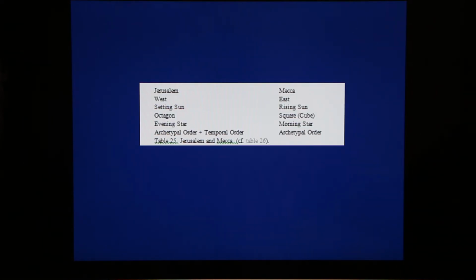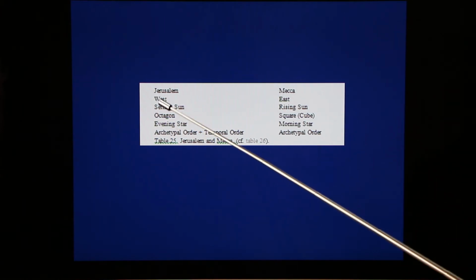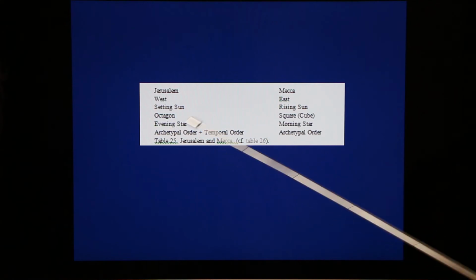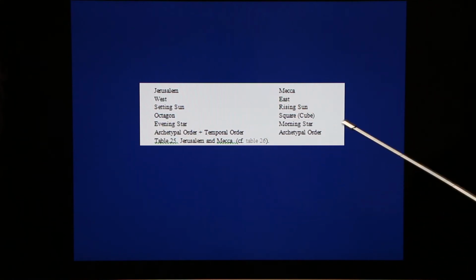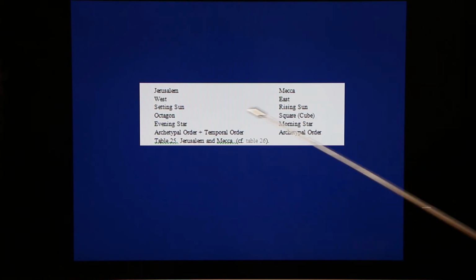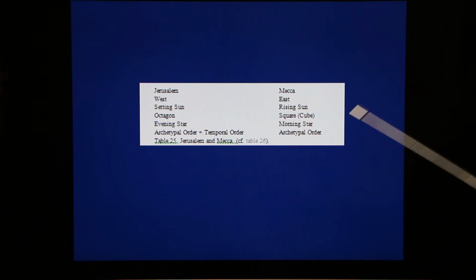And in some versions, this becomes the contrast between Jerusalem and Mecca, between the west and the east, the setting sun and the rising sun, the octagon and the square, the evening star and the morning star, the archetypal order and the temporal order.